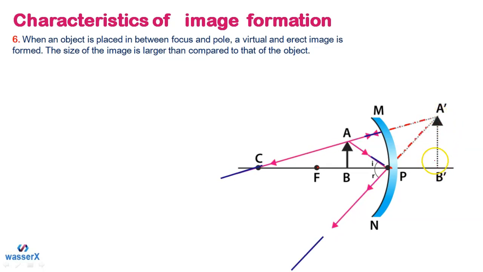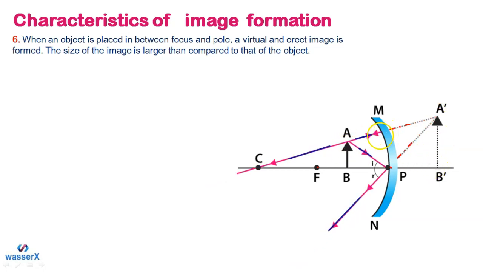It is virtual and erect. One thing is changed, it's erect as well, meaning it is the same orientation as the object, right? So here we have A and B, and we have A dash, B dash, the image, but it is enlarged. So it is enlarged, virtual and erect.